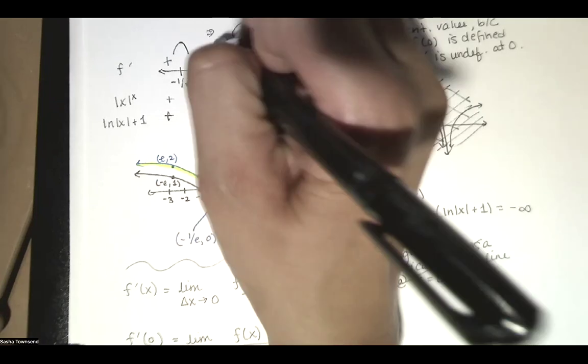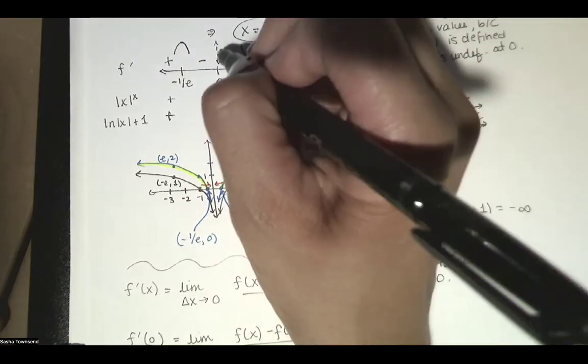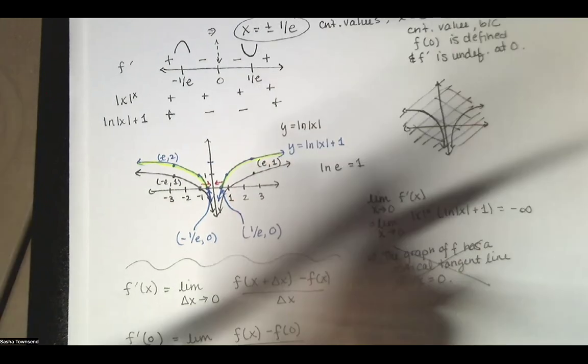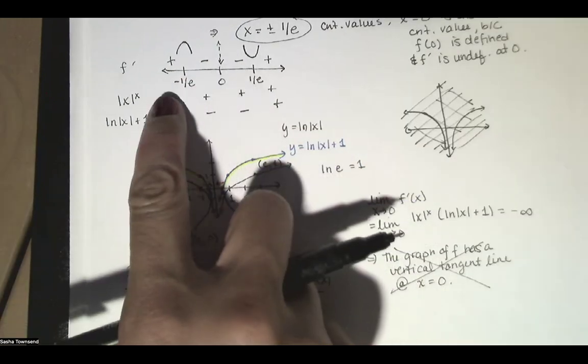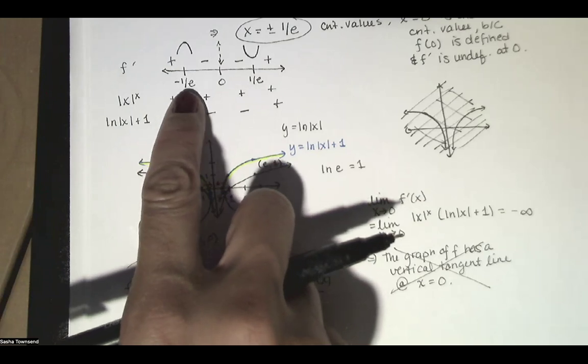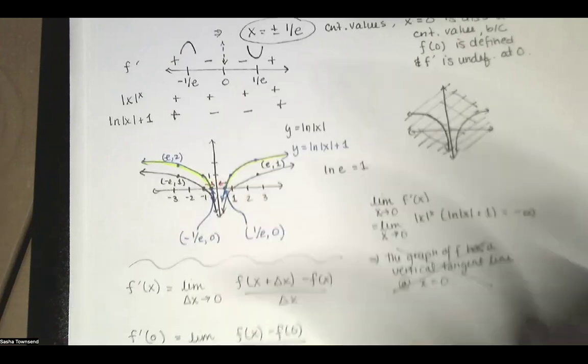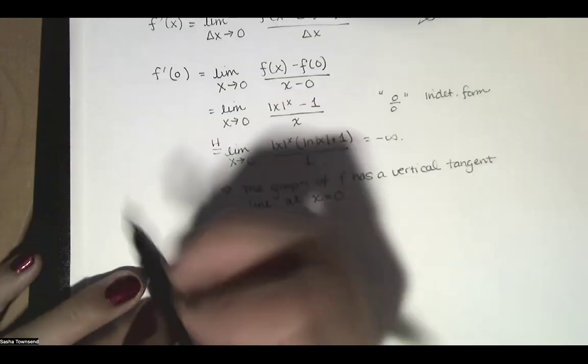We know we have a vertical tangent line at x equals 0, and the function goes from decreasing to having an undefined slope, then to decreasing again. So let's find the relative extrema. We know we have a maximum at negative 1 over e and a minimum at positive 1 over e. So let's find those function values.